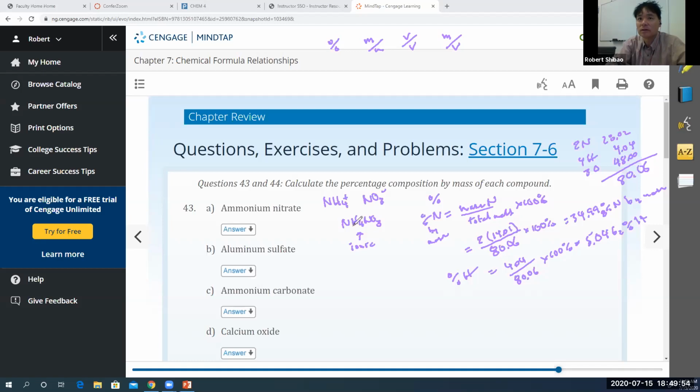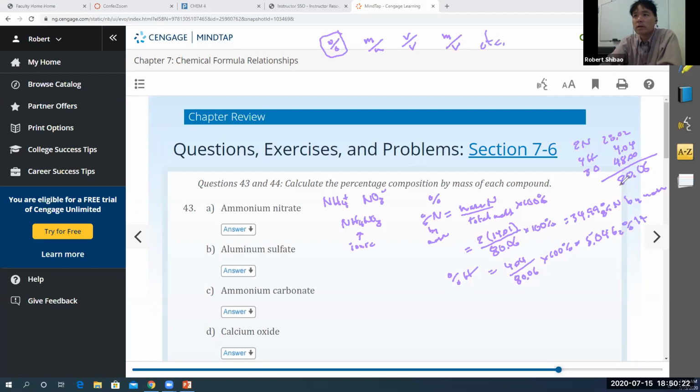Actually, a compound is not a mixture because the composition is fixed, but in a sense it is. We do percentages for everything: mixtures, pure compounds, whatever. Diamond's 100% carbon, so it's fine, etc.